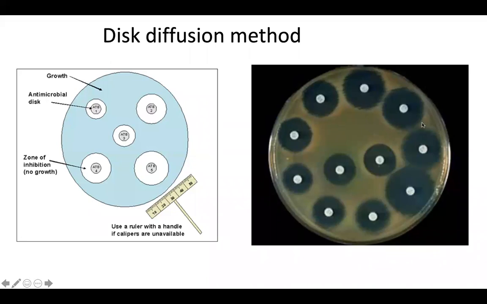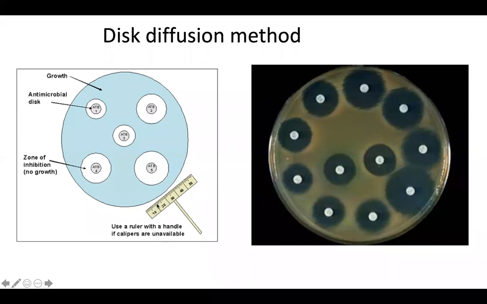So you incubate and you come the following day and you're interested in what we refer to as a zone of inhibition. The diagram to the left is the explanation of how we carry out the disc diffusion test. So you have the growth, you have the antimicrobial disc, and you're interested in this zone of inhibition, because what happens is the antimicrobial agent diffuses into the medium and inhibits the growth of the bacteria that you had inoculated onto this petri dish.